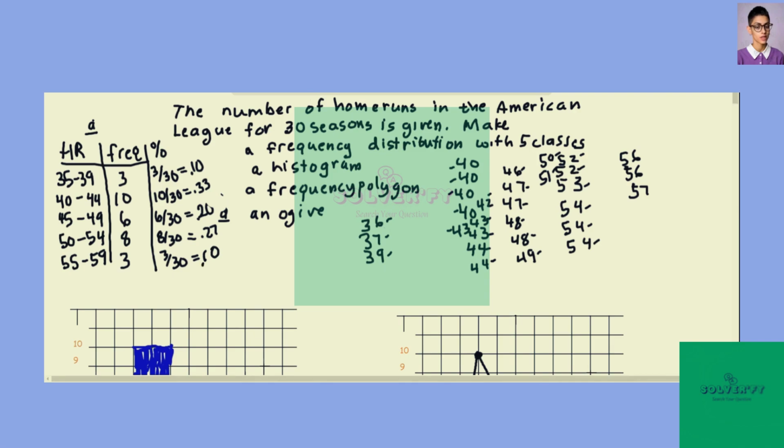Okay, but when you draw this one, you want a cumulative frequency. When you get to the end, it should be at 100%. I'm just moving these out of the way here.